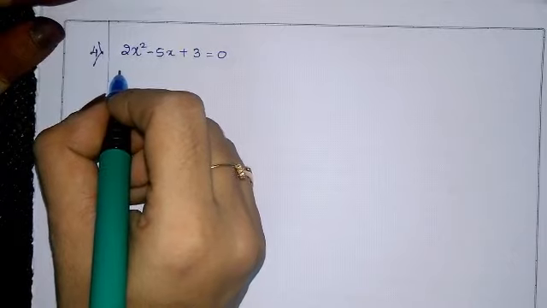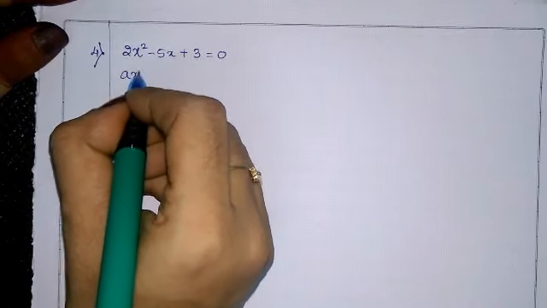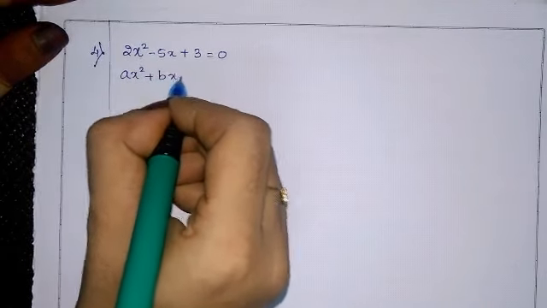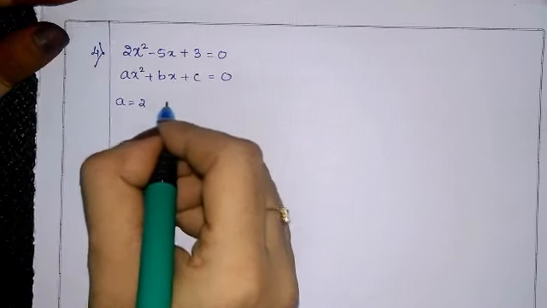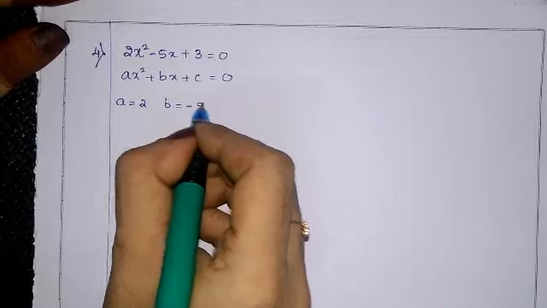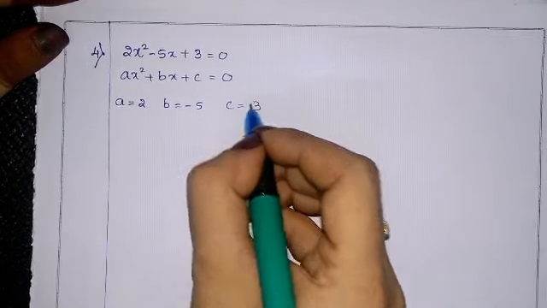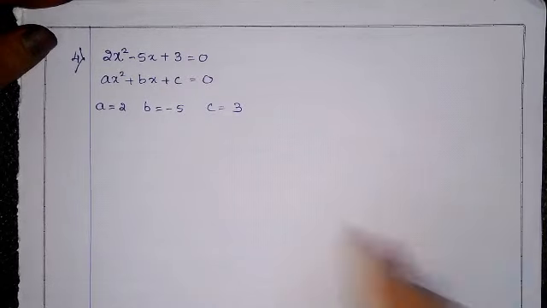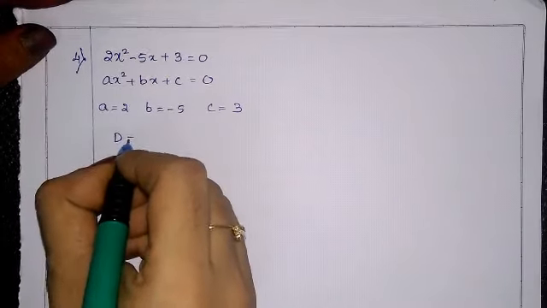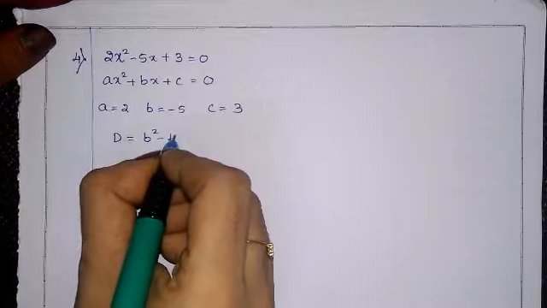This is of the form ax square plus bx plus c equal to 0. A value is 2, b value is minus 5 and c value is 3. Now what they have told here, find the discriminant. D is equal to, we know that b square minus 4ac.